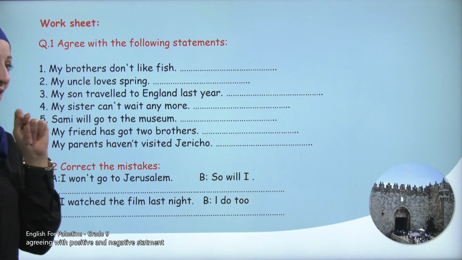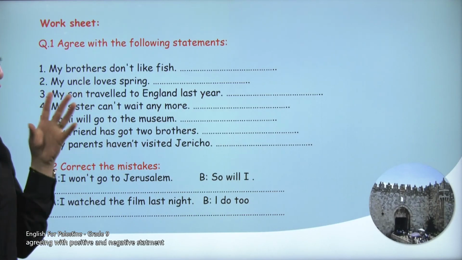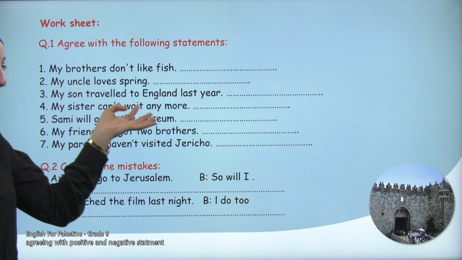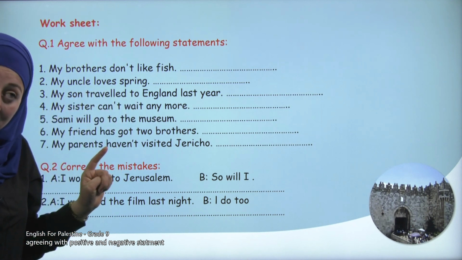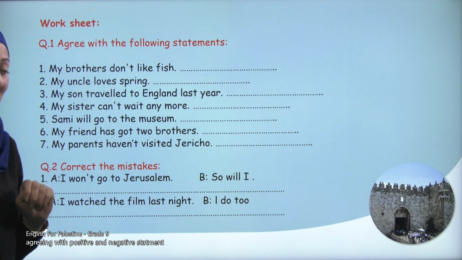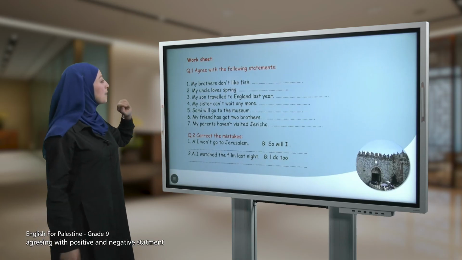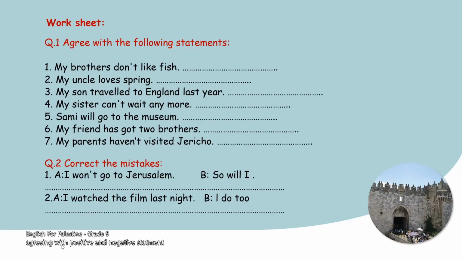Before starting this, you have to know that you will find that some of those sentences are positive statements, the others are negative statements. If we start with example number 1, my brothers don't like fish. What do you think? Is it positive or negative? Yeah, I think you know the answer.